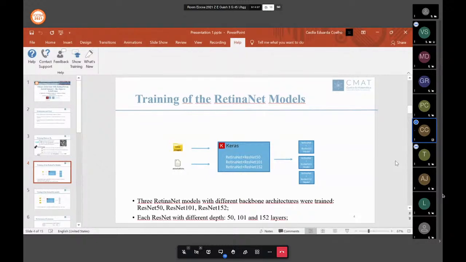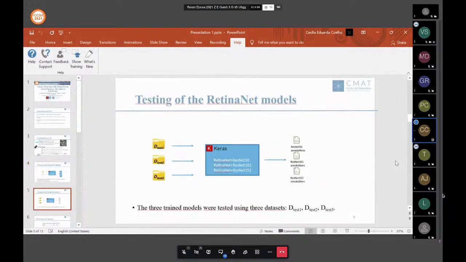In the end, we got 3 different RetinaNet models capable of doing the detection of swimming pools. To test these models, we developed 3 different data sets with different characteristics. We gave these data sets to the 3 models, and those models gave their predictions.